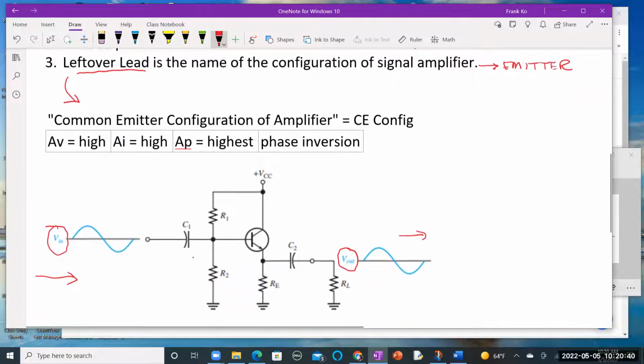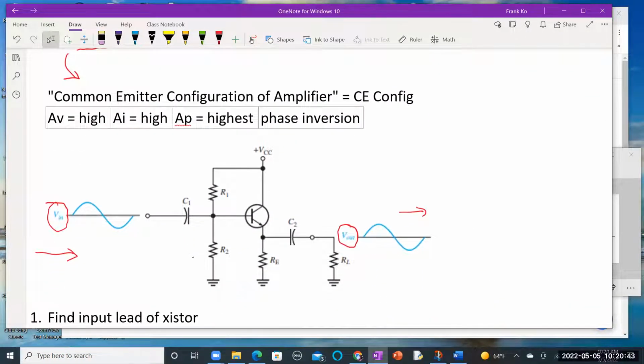What's that middle lead of the BJT called? Base, which on your FETs will be commonly known as the gate, okay?